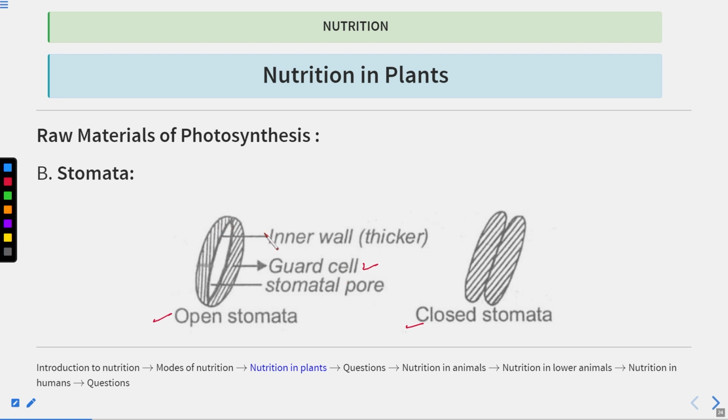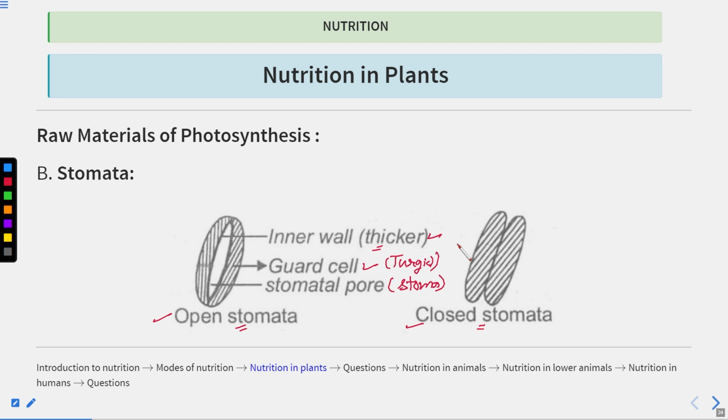This is the inner wall of the guard cell, which is usually thicker. And here you can see the stomatal pore. Stomatal pore is also known as stoma. This is how the open stomata looks. This is how the closed stomata looks. Now, when the guard cells are turgid, turgid means swollen.